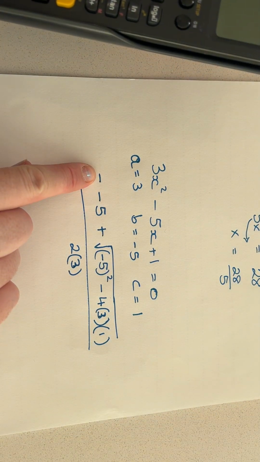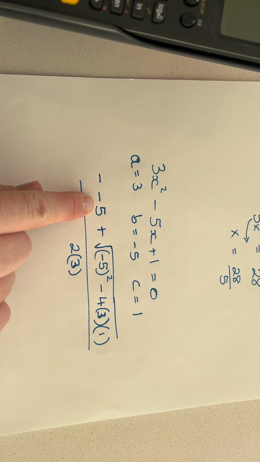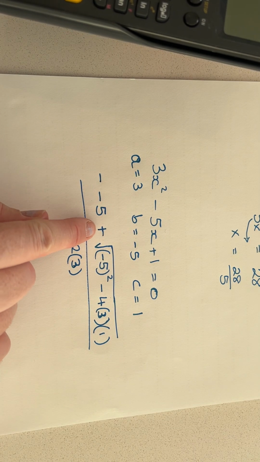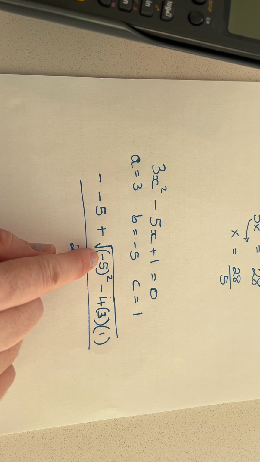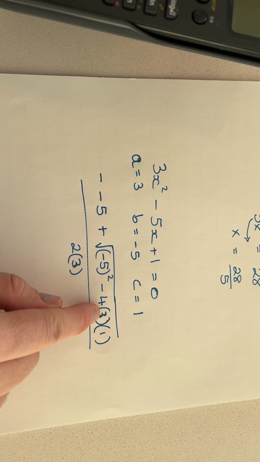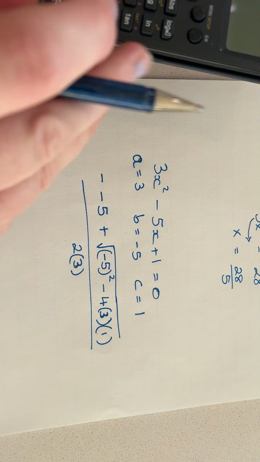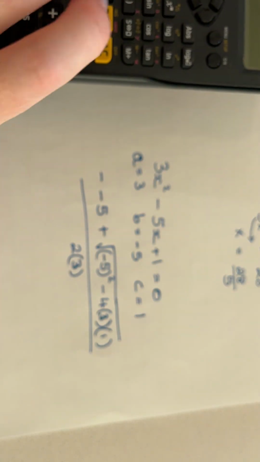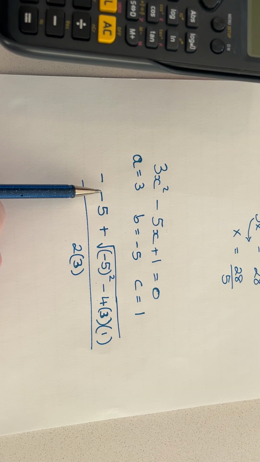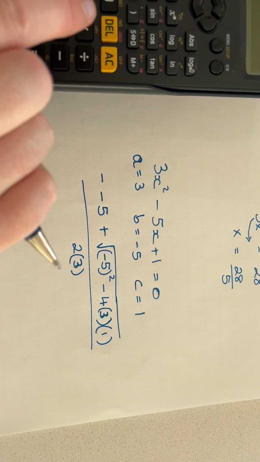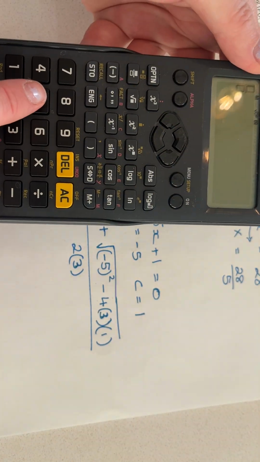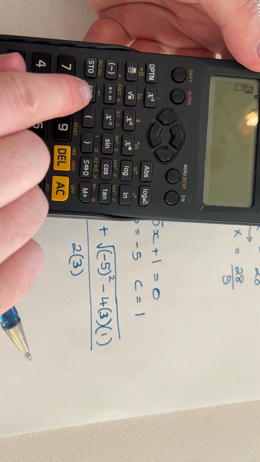So minus for my formula, B is a minus 5, plus the square root of B squared minus 4 times A times C all over 2 times A. So into my calculator, I can either put the minus in the minus, or I maybe know that a minus and a minus is a plus. So I can put my 5 in.